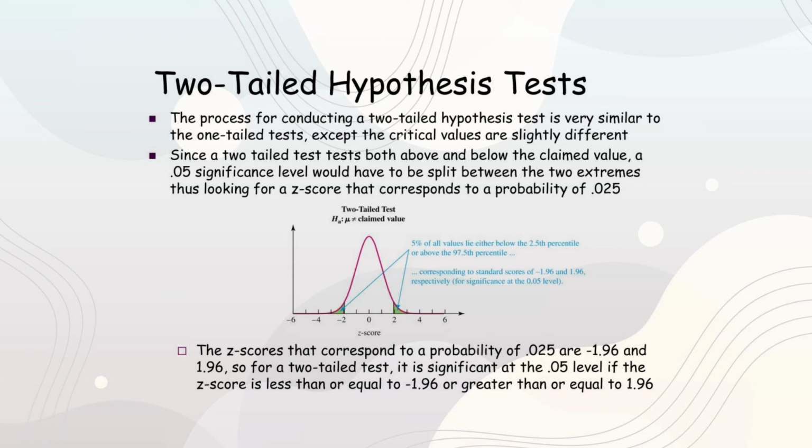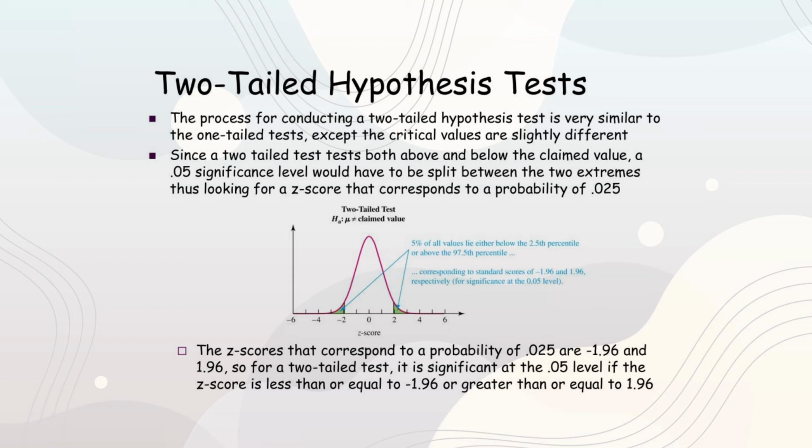Since it is a two-tailed test, both above and below the claim value, a 0.05 significance level would have to be split between the two extremes, thus looking for a z-score that corresponds to a probability of 0.025. And here what we have observed is that we have two tails.